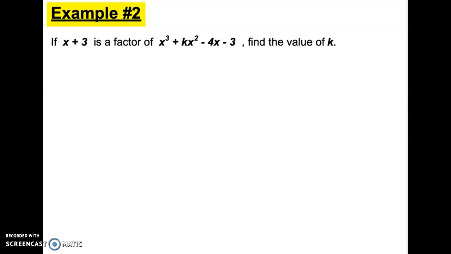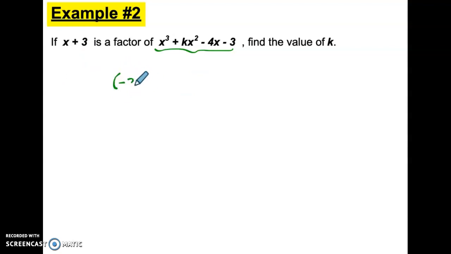Here's a similar example to what we had in the remainder theorem. They're telling us that x plus 3 is a factor. They want us to find the k value. So remember, if we plug -3 into this cubic, since we know it's a factor, it's going to have to equal 0 because the remainder is always 0 when you divide by a factor.